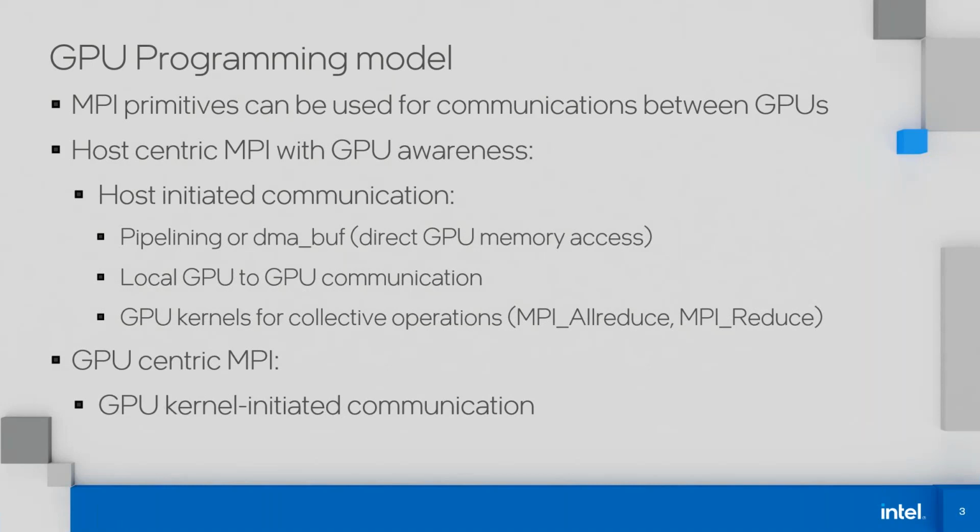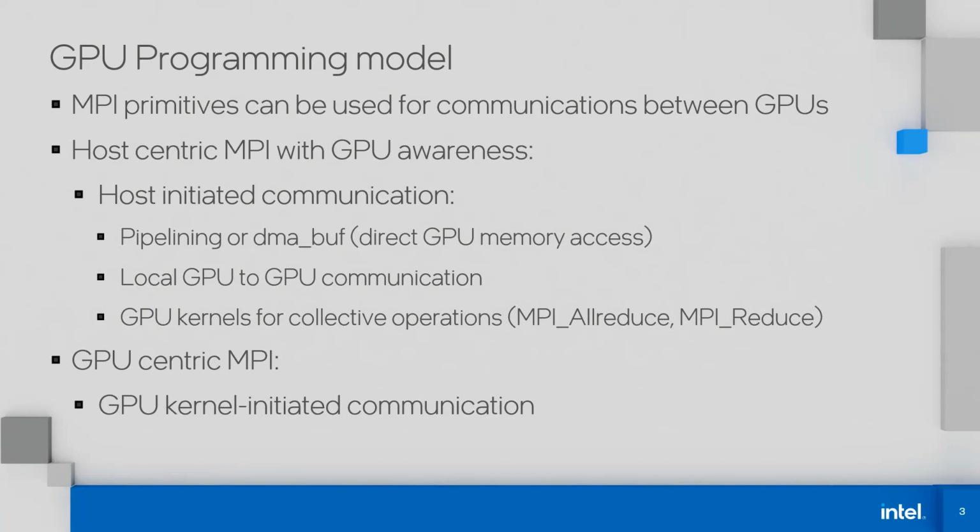In host-centric MPI, operations with the GPU are initiated from the host. It can be communication between GPUs on the same node or on different nodes, for example, pipelining or DMABUF, direct GPU memory access, or it could be local GPU to GPU communication.